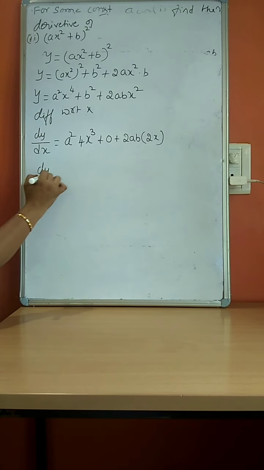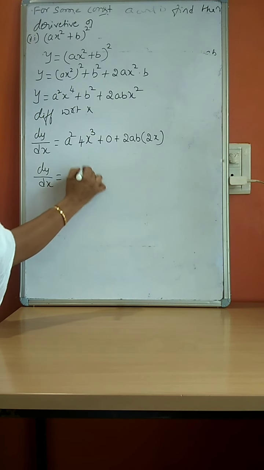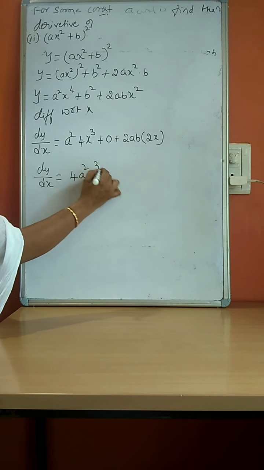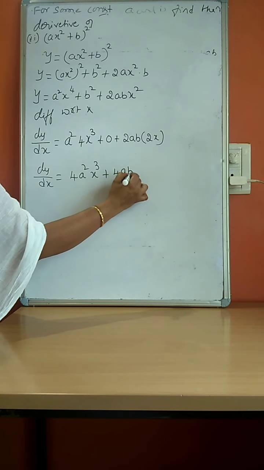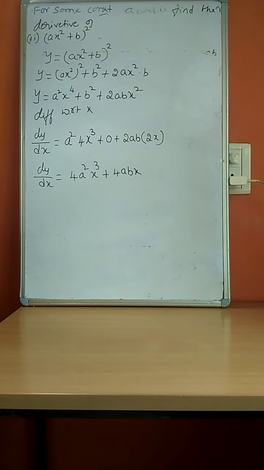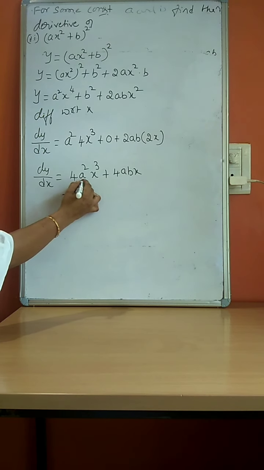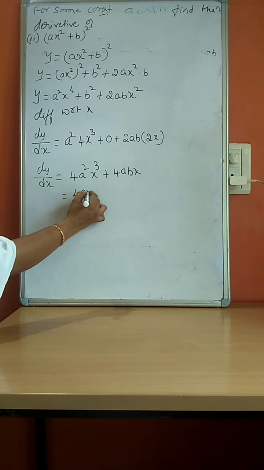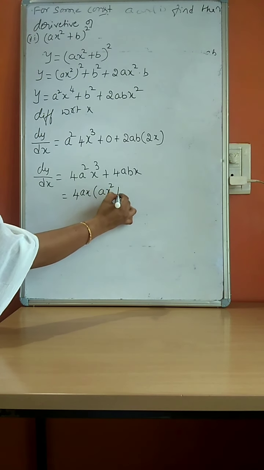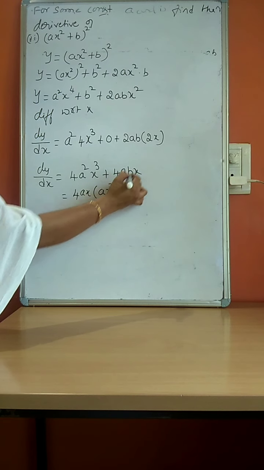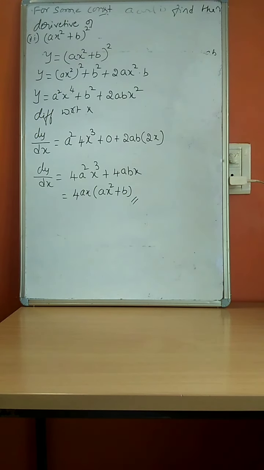Therefore, dy by dx is equal to 4a square x cube plus 2 into 2, that is 4ab x. If there is any common element, take it out: 4ax is common. What will the remainder be? ax square plus b. That is the required solution.